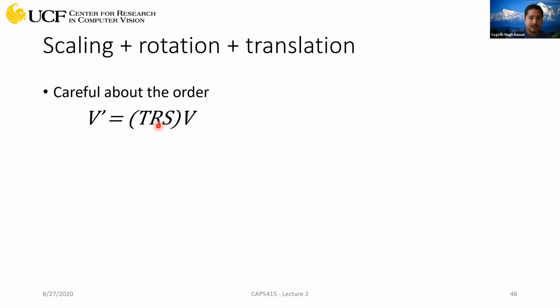So the order will have to be reversed, because first this matrix will be multiplied by the vector, and then this rotation matrix will be multiplied by the resultant vector. Also, this operation is not commutative, because if you first perform scaling and then rotate, it will be different from performing rotation and then scaling.